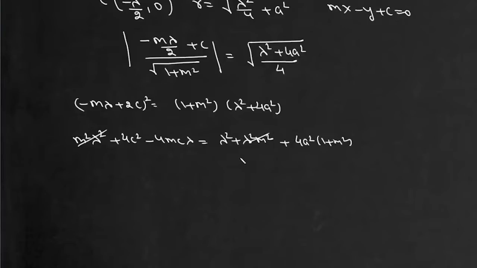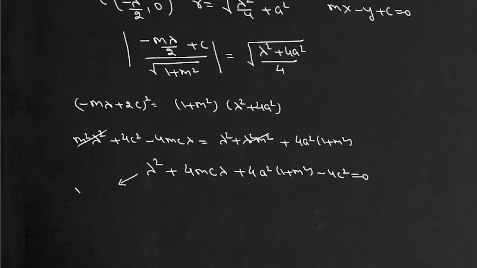Now we can write this as a quadratic equation in lambda. So there will be lambda square plus 4mc lambda plus 4a square into 1 plus m square minus 4c square equals 0. Now we need two such circles.